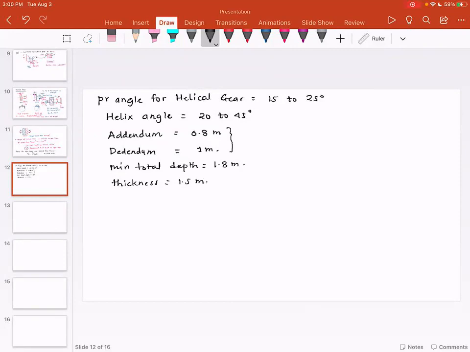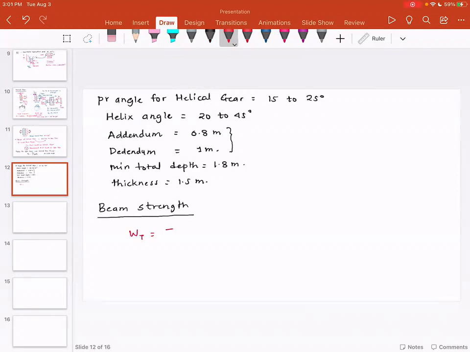Now, the design procedure is exactly the same. The first step is beam strength design. The equation that we used for spur gear, the exact same equation we would use for beam strength.